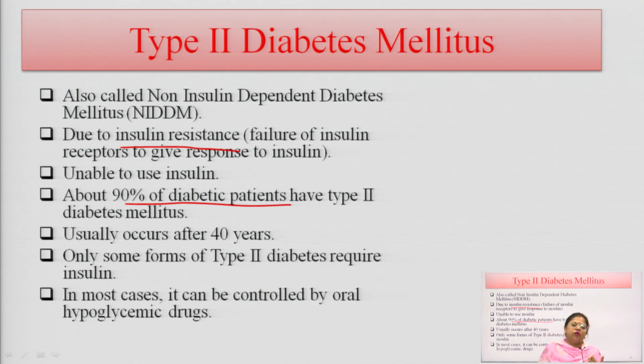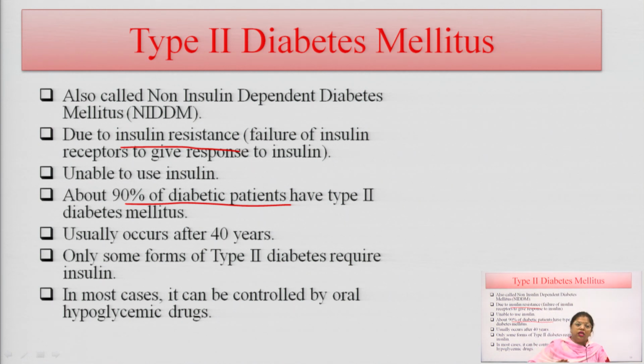have an urgent need for insulin injection, because insulin is already secreted by the cells whenever the blood glucose level in the body increases. So, the pancreas releases insulin, but insulin is not working properly, because the insulin receptor is not able to take action after insulin release, as they show resistance to insulin.